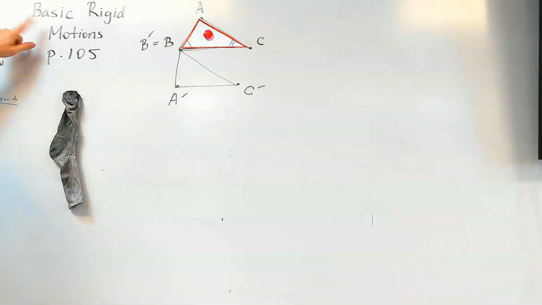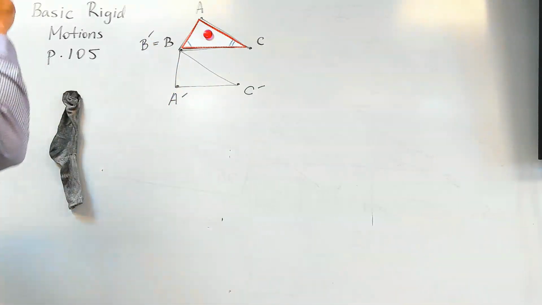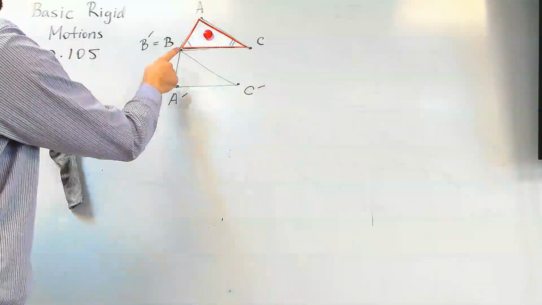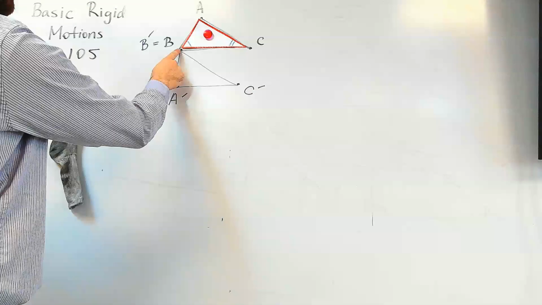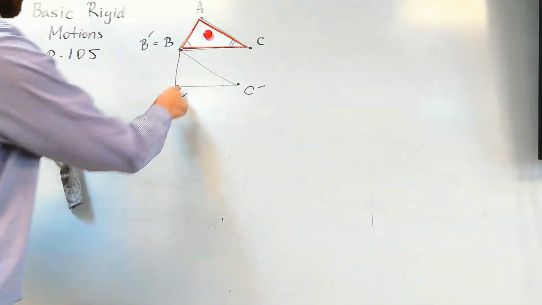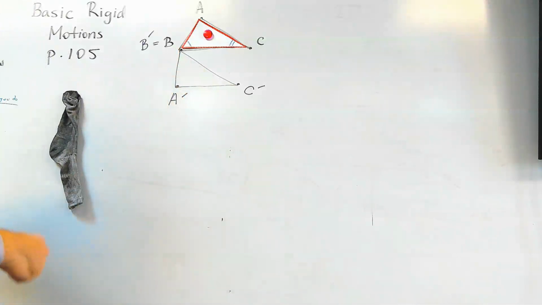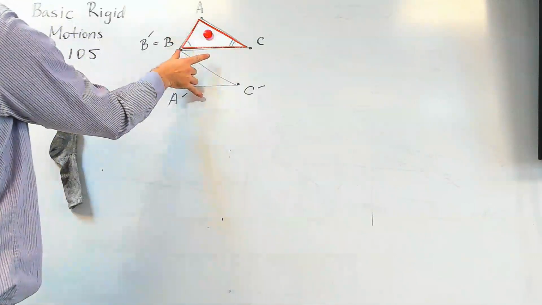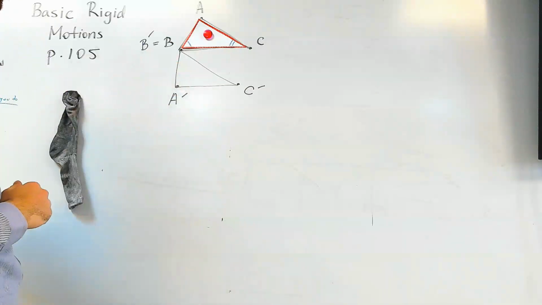By transformation, I mean basic rigid motions. So again, here's triangle ABC, and we have triangle A prime, B prime, C prime right here, the purple one. It's kind of hard to see, but this is purple. And we're going to compare them. We want to see how to get from triangle ABC to ABC prime.